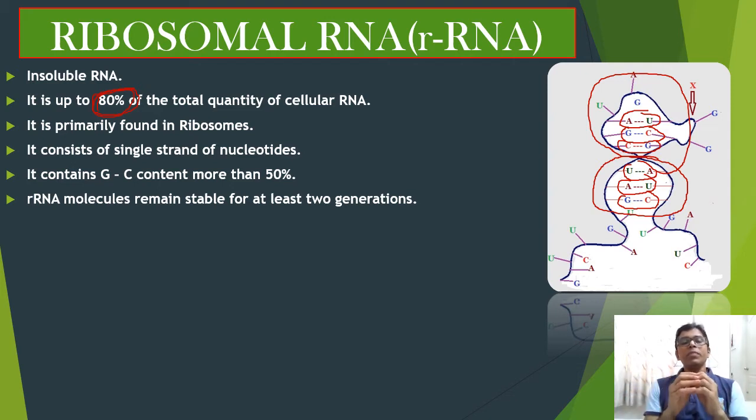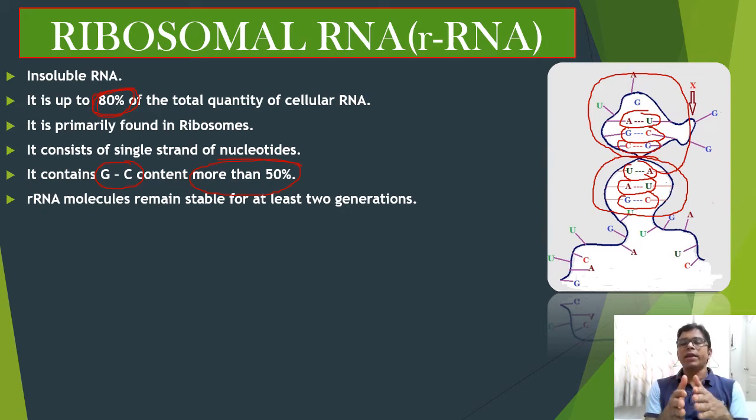And ribosomal RNA contains GC content more than 50%. Guanine and cytosine are present more when compared to adenine and uracil.